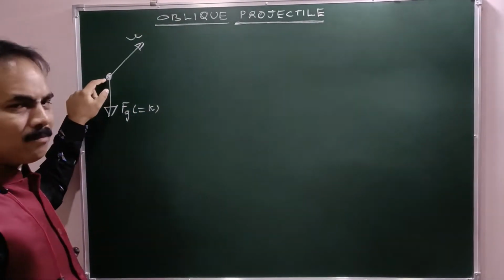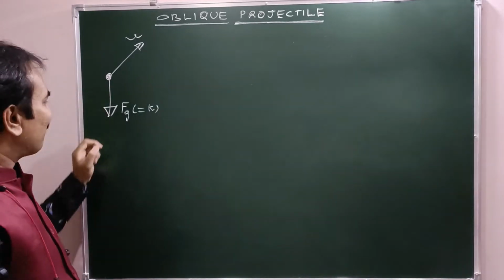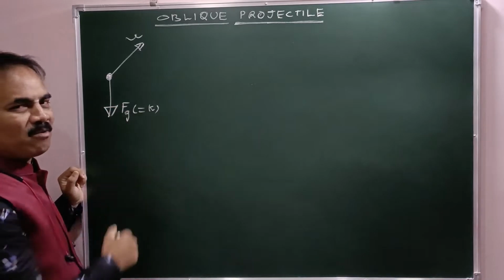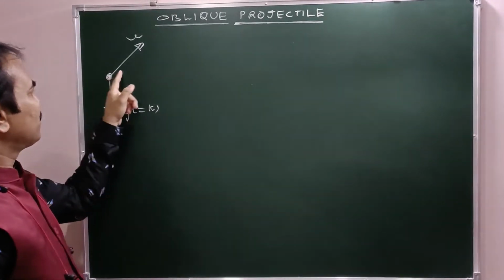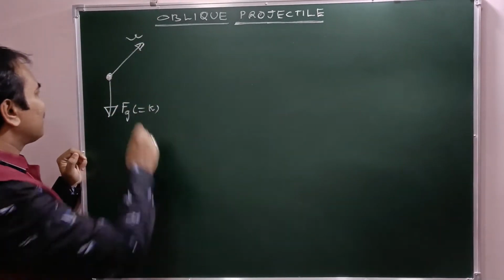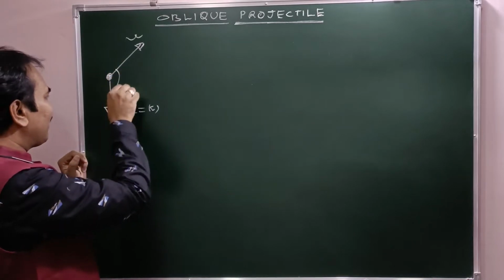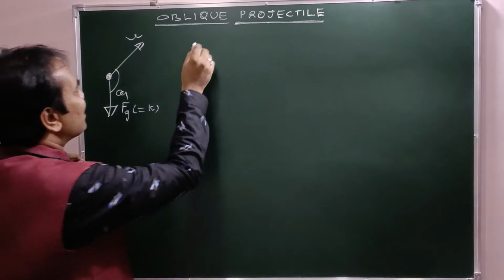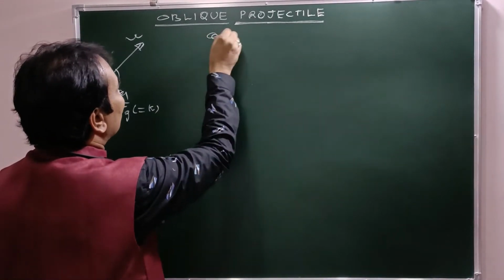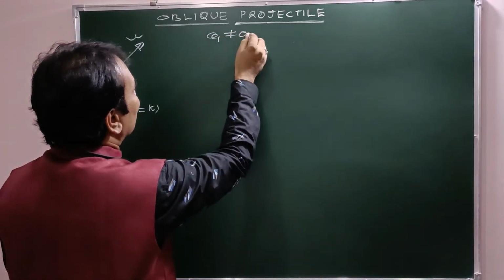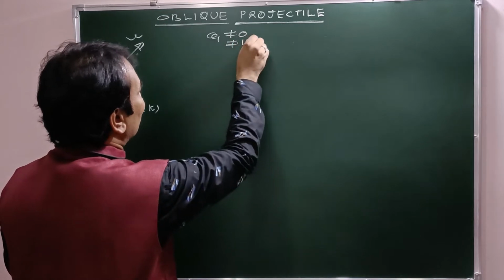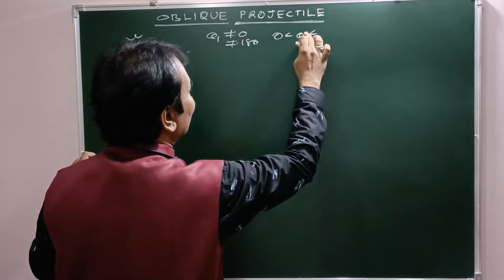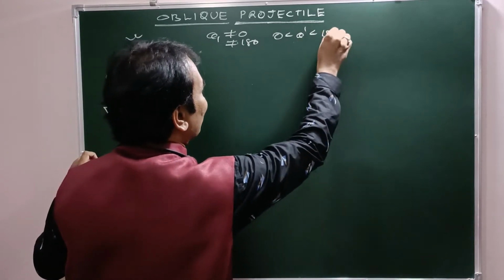See, this is a body of mass m, which is acted upon by a constant gravitational force downwards, for example. Now that body is projected with some initial velocity such that it makes an angle theta dash, where theta dash is not equal to 0, not equal to 180, that is 0 less than theta dash less than 180.